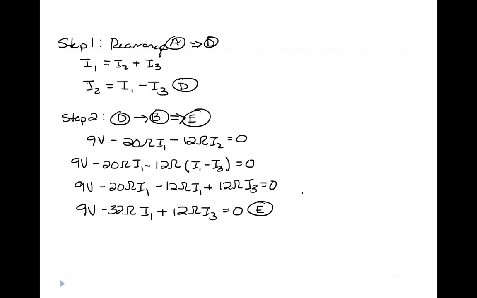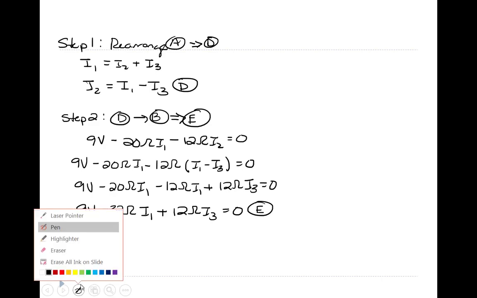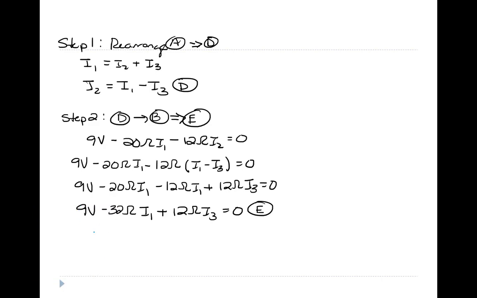Now, what I'm going to do is write down again equation C, because I want to look at it and compare it to E. C said 6 volts minus 20 ohms I1 minus 6 ohms I3 equals 0.